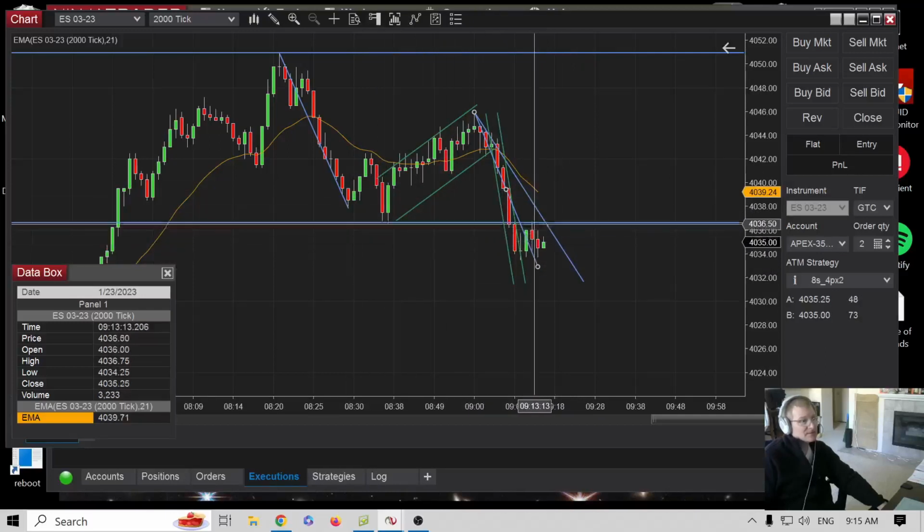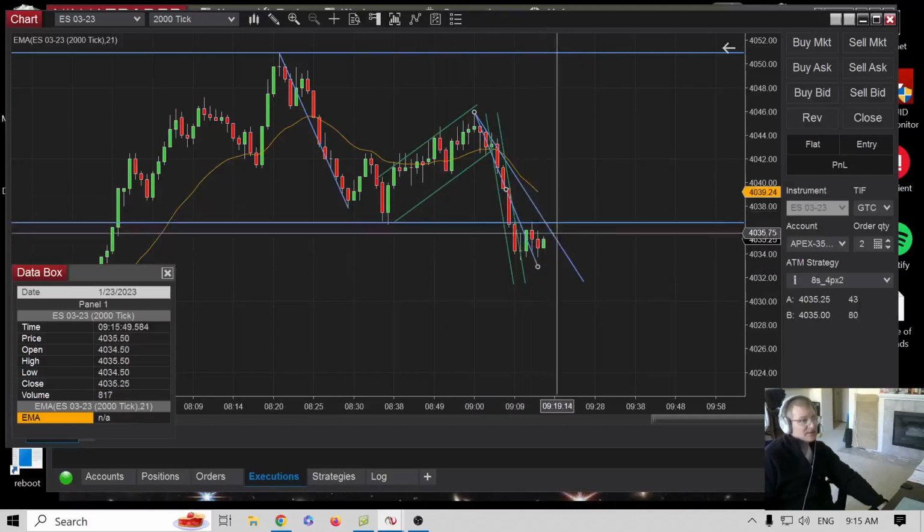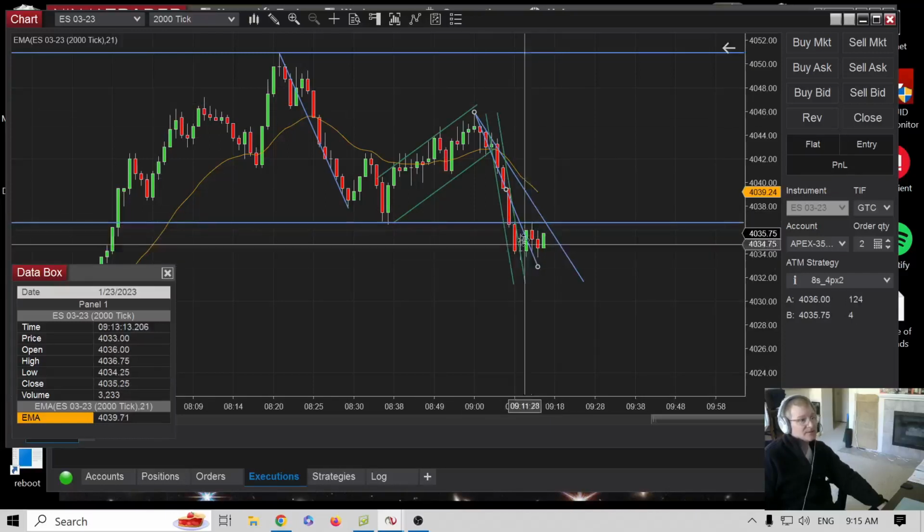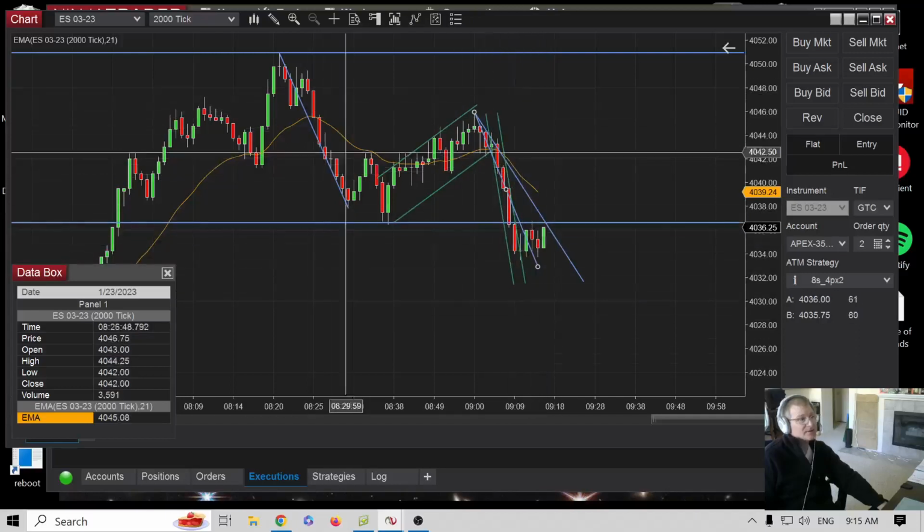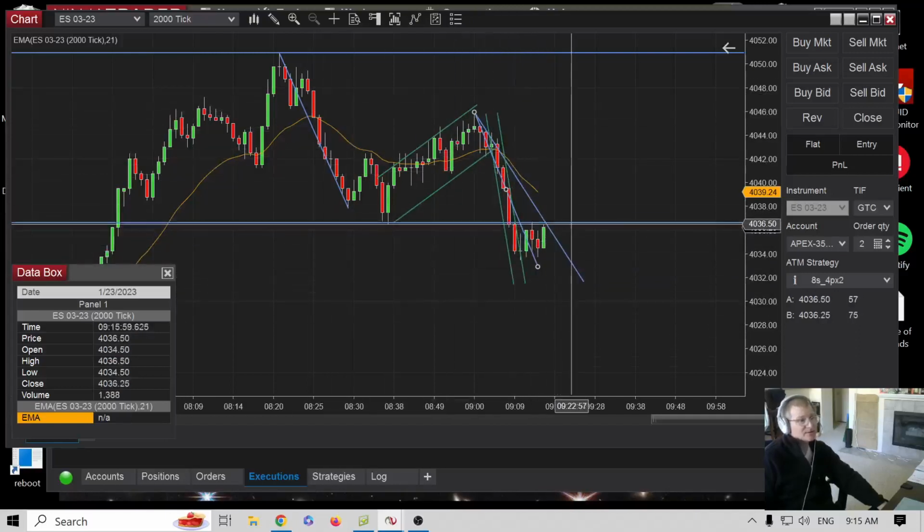But let's see. We have our first long. See if we get a second attempt to go long and maybe ride that up to the EMA. But this is a downtrend right now, so are we looking for longs? We might get one. The overall trend is long.